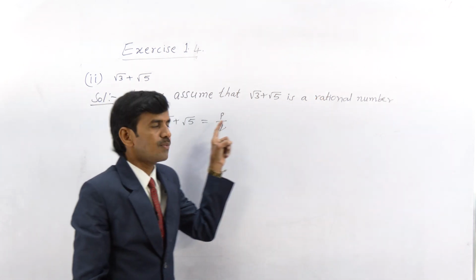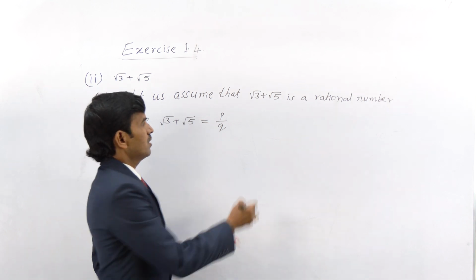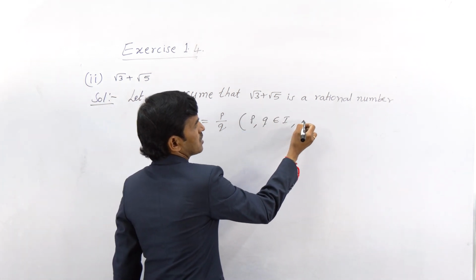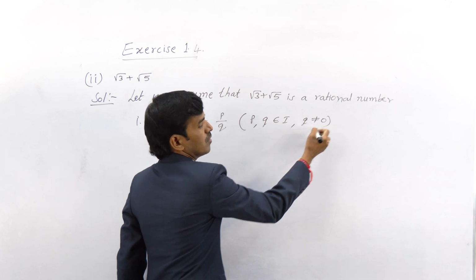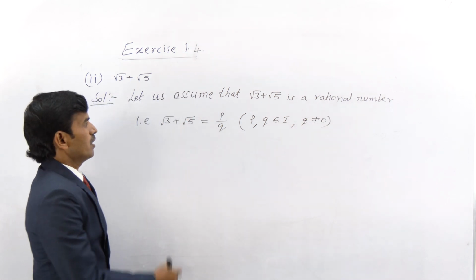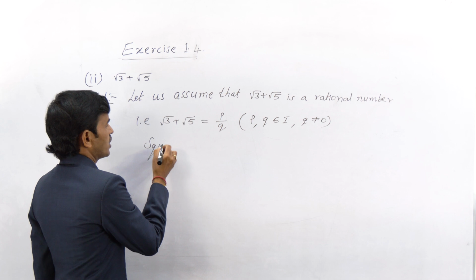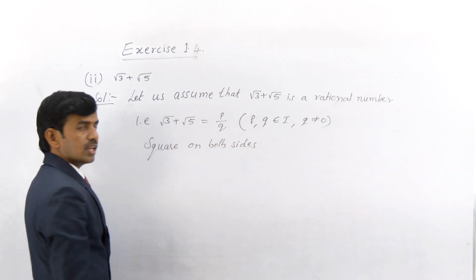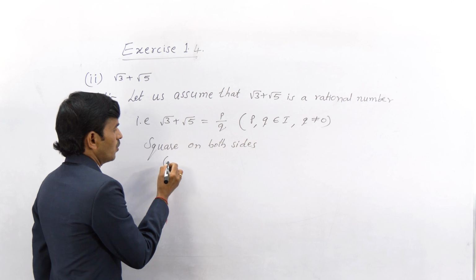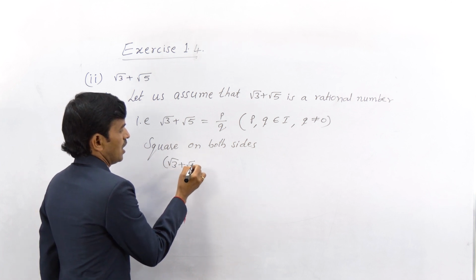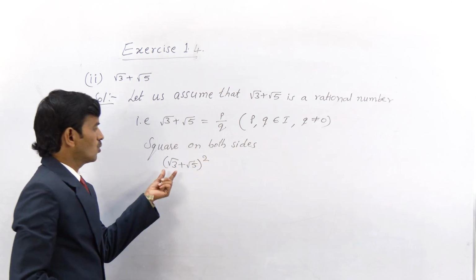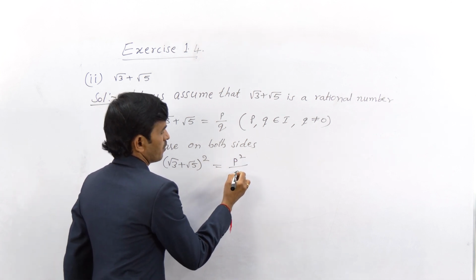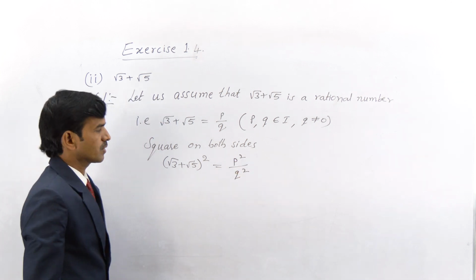Generally rational numbers are in the form of p by q, where p, q belong to integers and q not equal to 0. Now square on both sides. By squaring on both sides, root 3 plus root 5 whole square is equal to p square by q square.